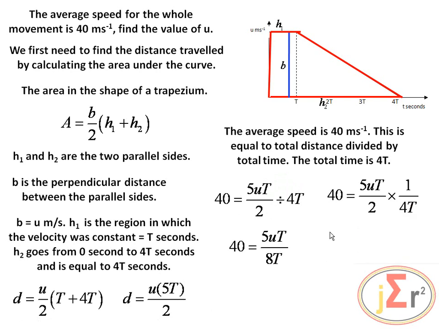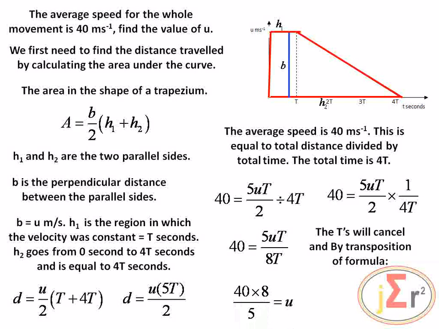So what do we have? We have 5ut over 2 multiplied by 1 over 4t. And that turns out to give 5ut multiplied by 1 is 5ut, and 2 times 4t is 8t. Of course, the t's will cancel each other, and we'll proceed by transposition of formula.